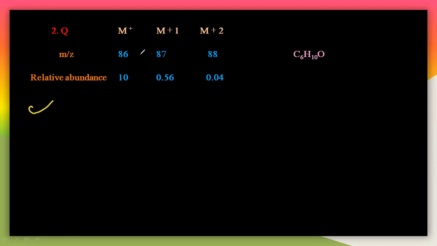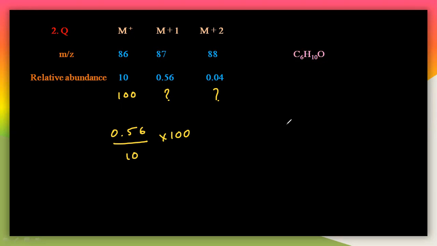For the first, we have to do nothing but check whether the M plus is 100% or not. So, okay, very good. If it is 100%, then okay, we can directly give the nitrogen rule and everything here. But first, it is 10 here. It is not 100% here. That means we have to make that into 100% here. So if this is 100, this is how much and this is how much here. So very simple, you have to take this is 0.56 by 10 into 100 here.